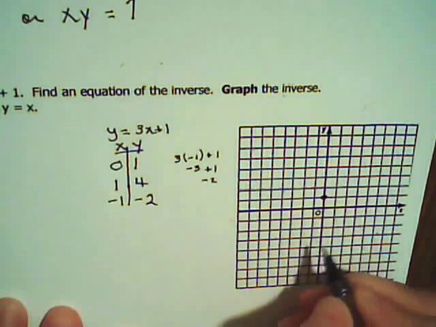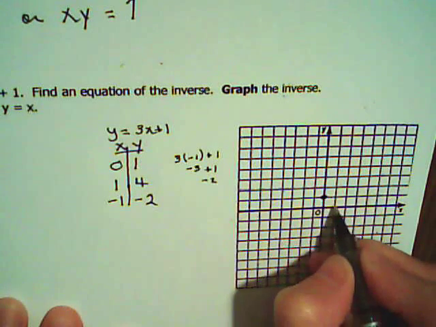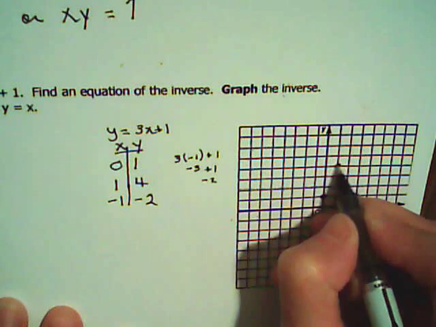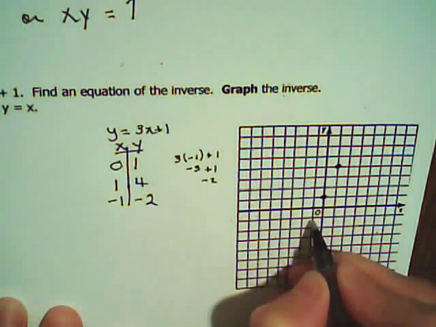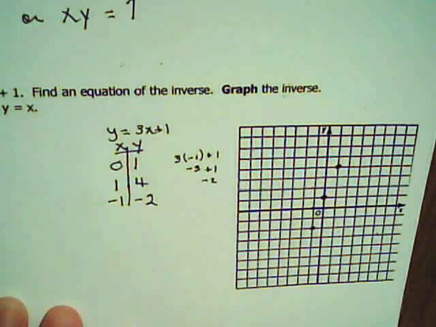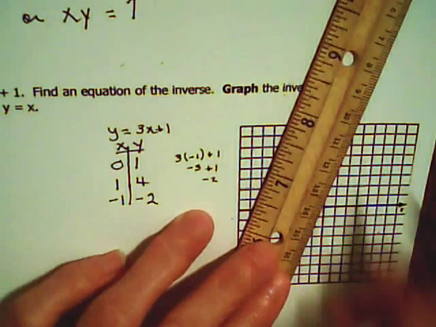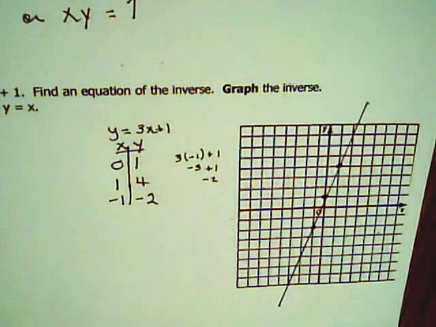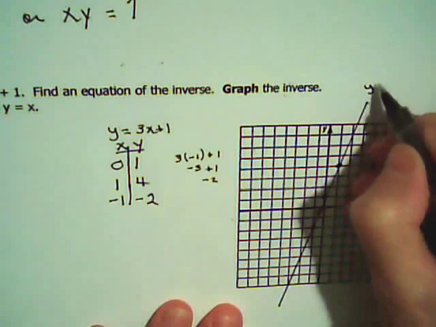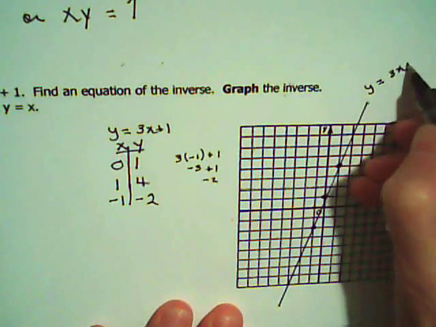There's (0, 1), (1, 4), and (-1, -2). Now take your straight edge, and there's our graph of y equals 3x plus 1.